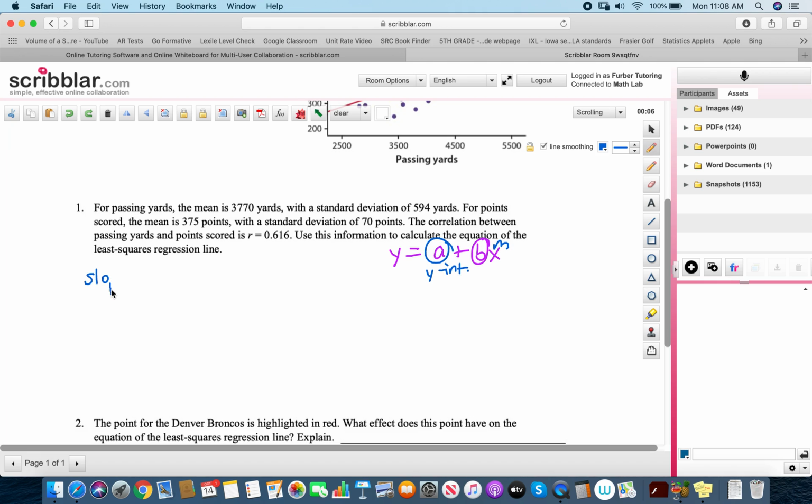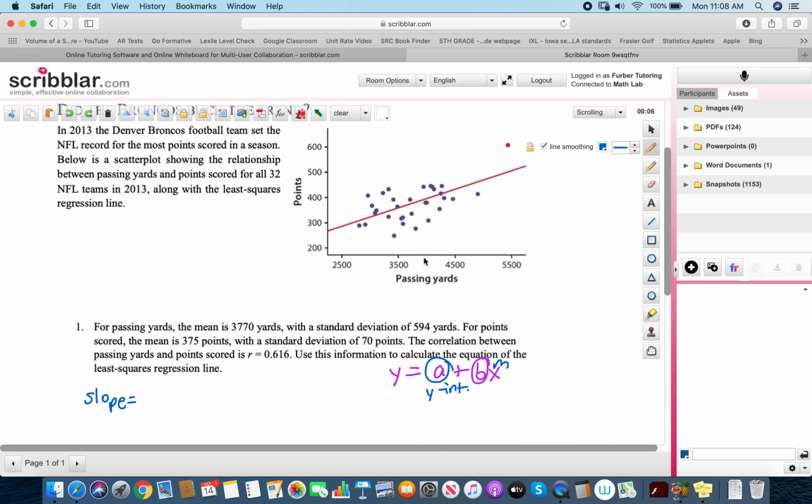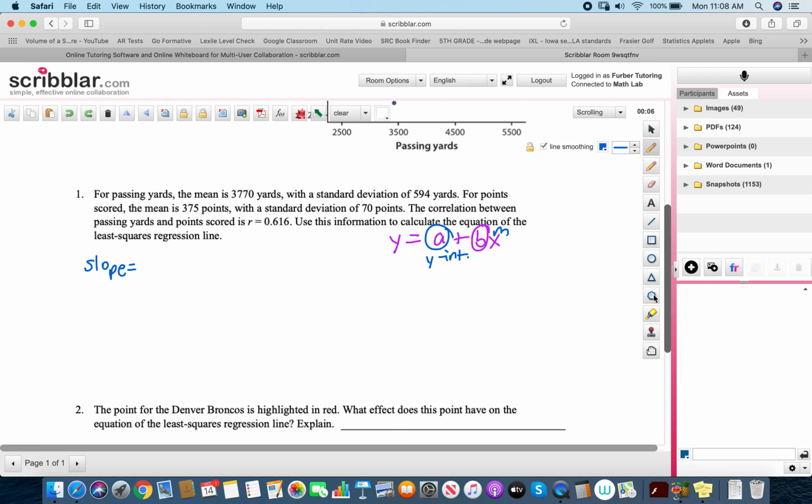So if you remember the formula for finding slope, first of all, we have x and y, right? We have the mean of the x's, and we have the standard deviation of the x's. Then we have the mean for the y's and the standard deviation for the y's.